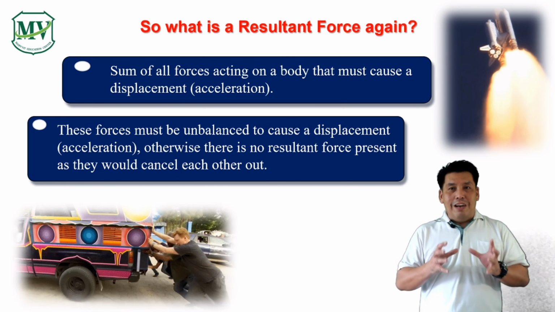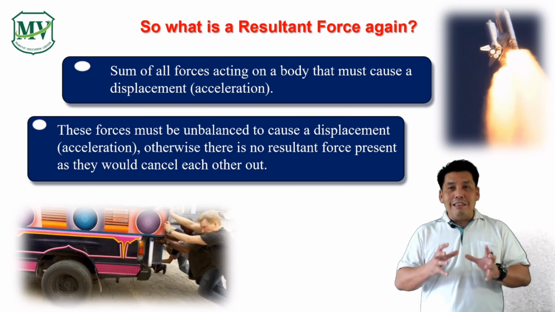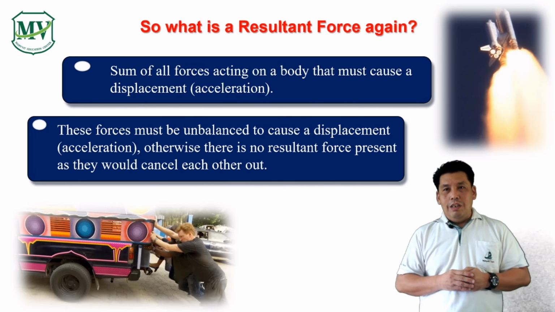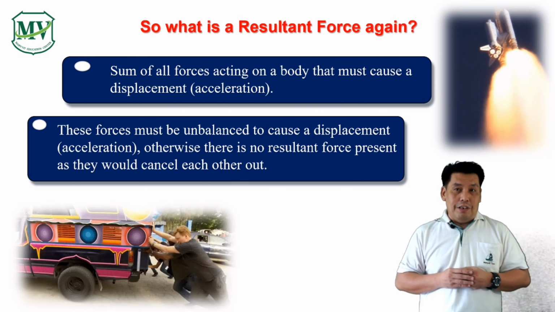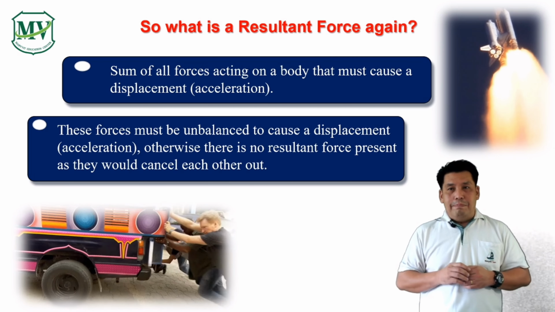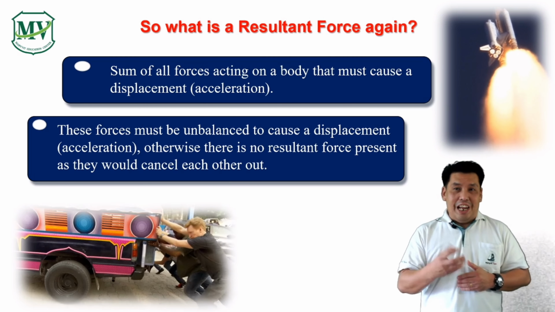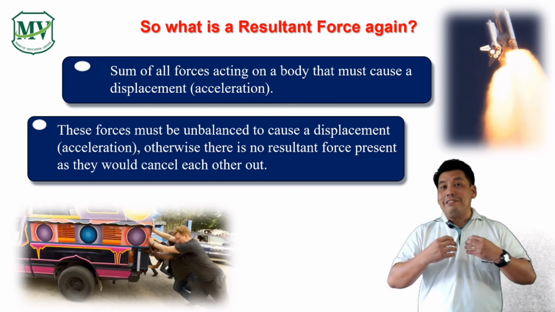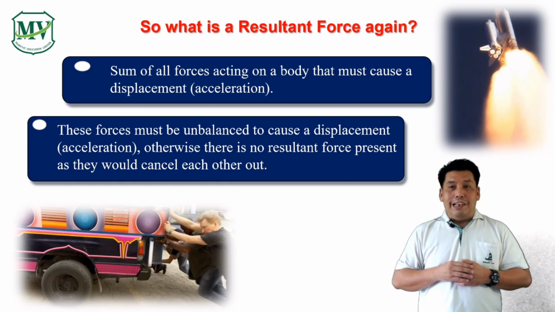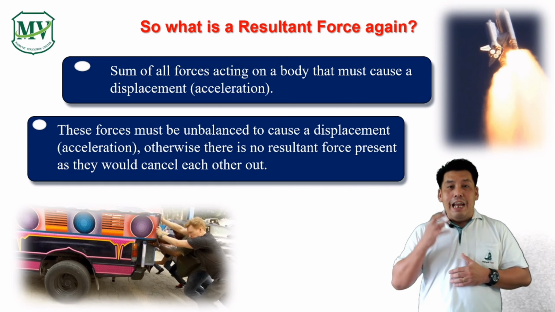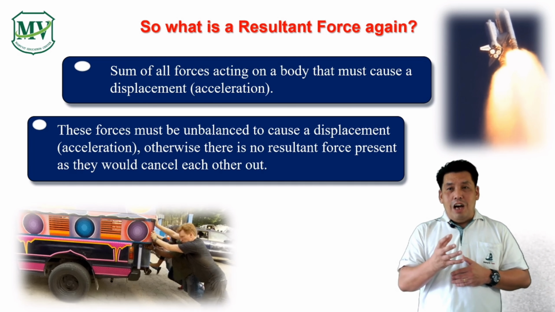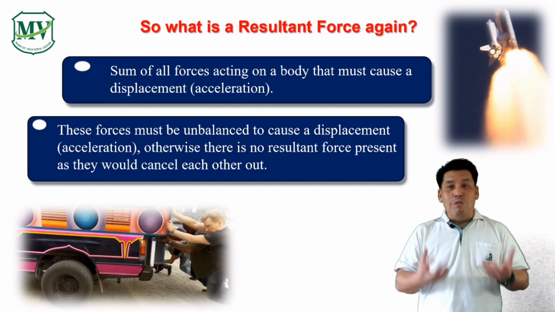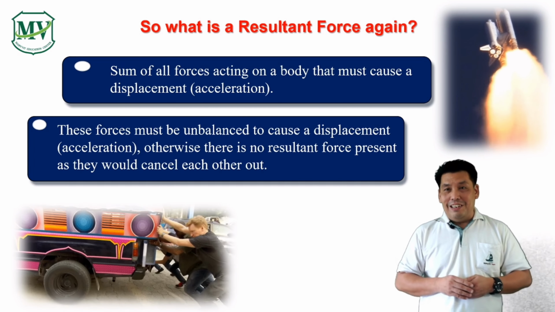When balanced forces are acting on an object, it has the same effect as if there was no force at all, because they cancel out each other. Remember, only unbalanced forces will change the motion of an object and cause an object to accelerate. Therefore, in classical Newtonian physics, a net force accelerates an object with certain mass to the direction in which the net force is directed.